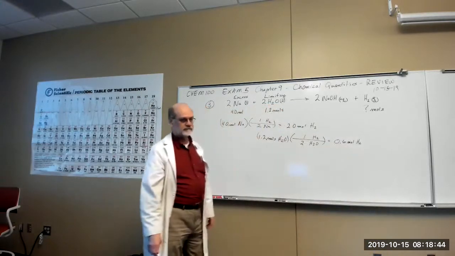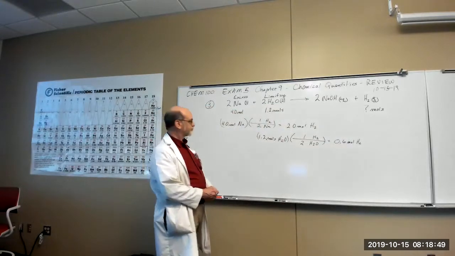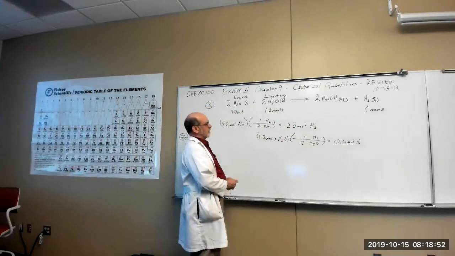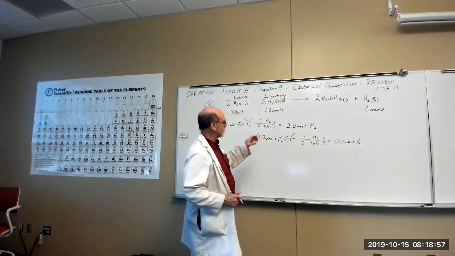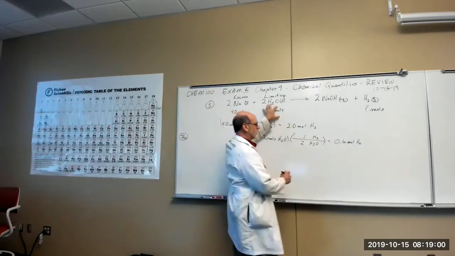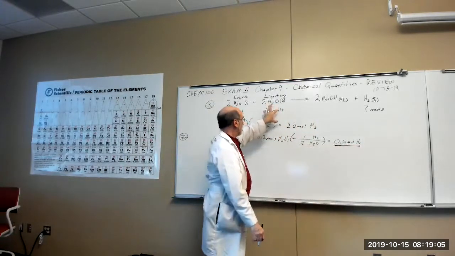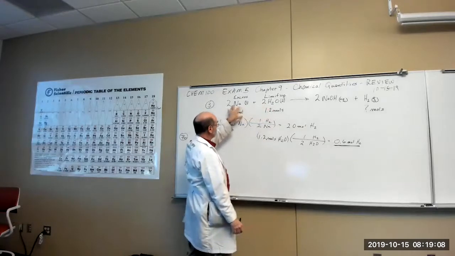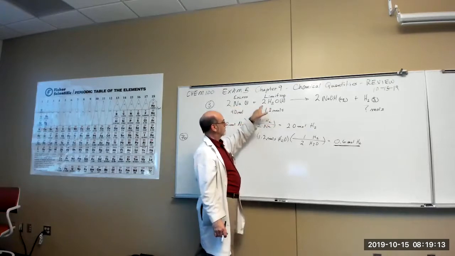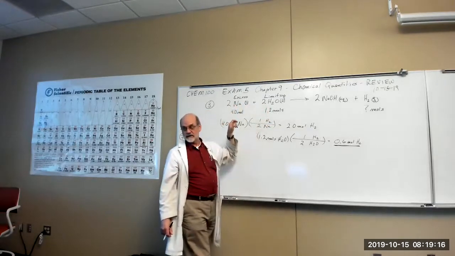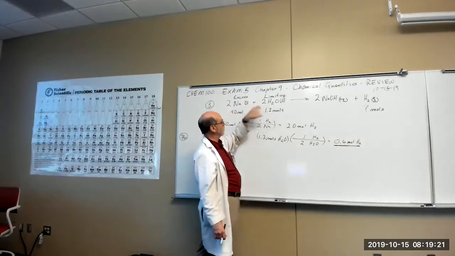I don't understand this. You said a smaller number is limiting. Right, it's the one that runs out first. Oh. Yeah. So what you're going to do is use up all of this one and produce this much hydrogen. Okay? And in the process, you're going to use up some of this. How much of this are you going to use up? They're 1-to-1 ratio, right? So you're going to use up exactly the same number of moles of sodium as water.